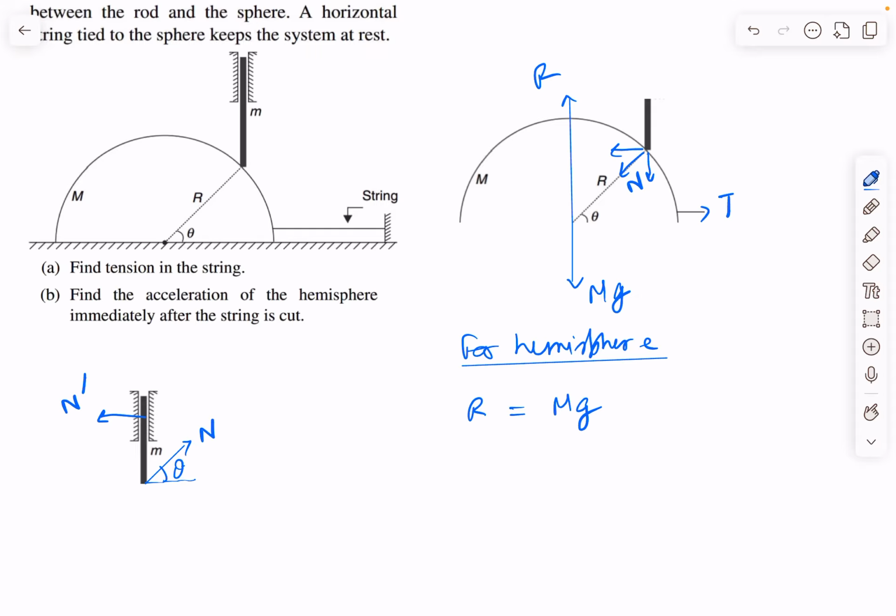So the vertical component of N will be N sin theta. So R = Mg + N sin theta. In the horizontal direction, T will be balanced by N cos theta. So for the horizontal equilibrium, we can write T = N cos theta.